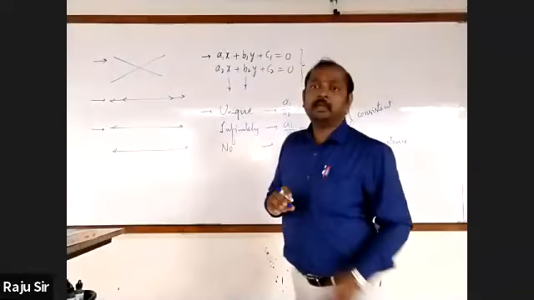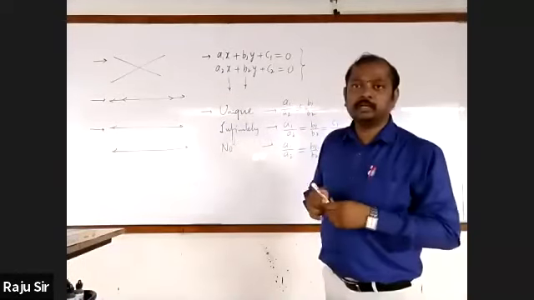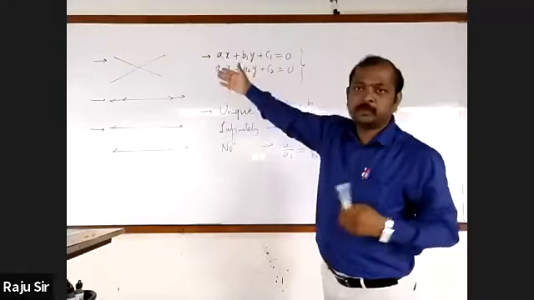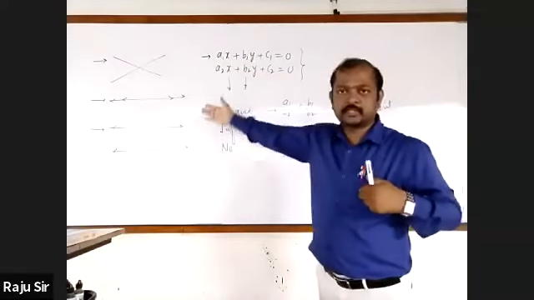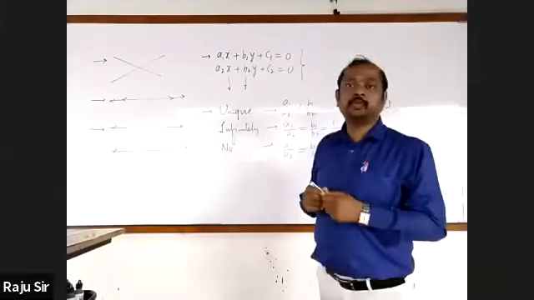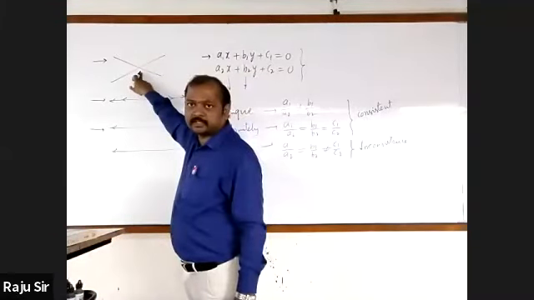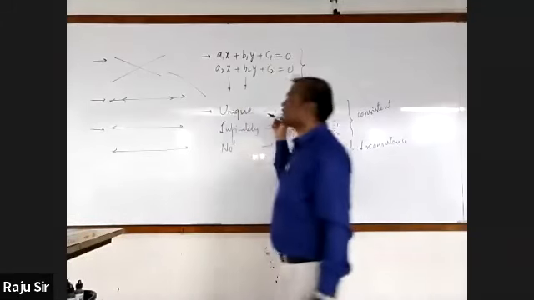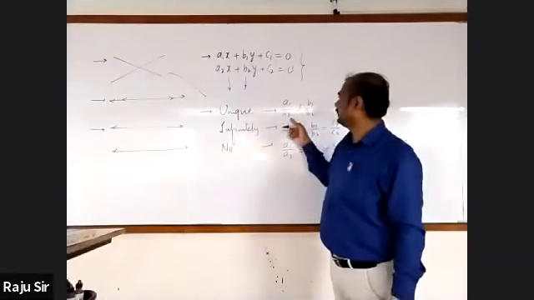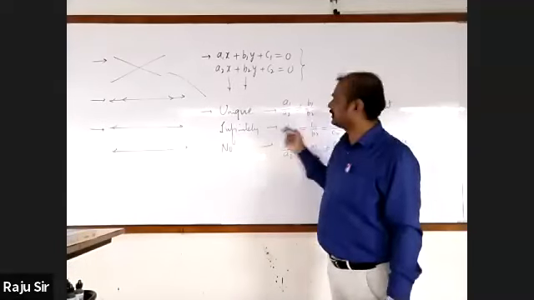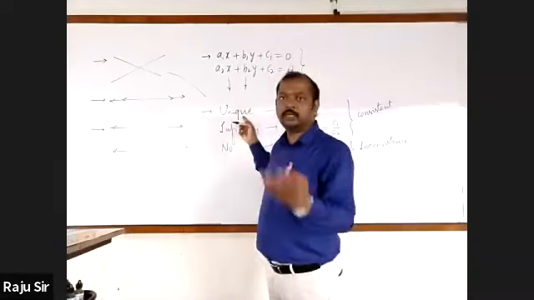And we also know under what conditions the lines will intersect, coincide, as well as be parallel to each other. The lines will intersect each other if a1 by a2 is not equal to b1 by b2, nothing but if the given equations have a unique solution.